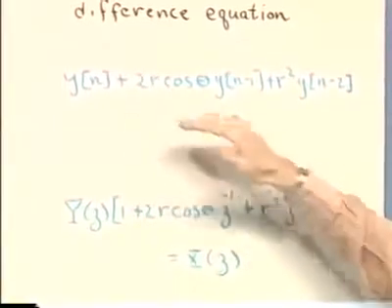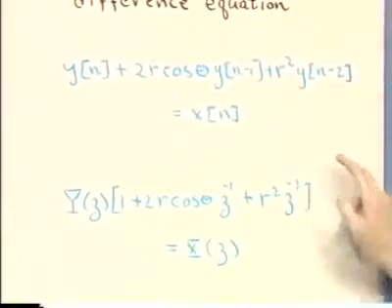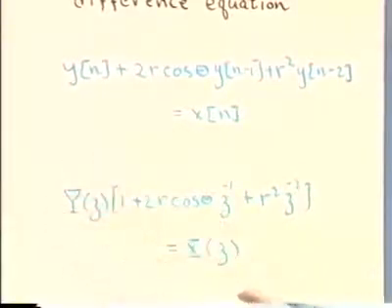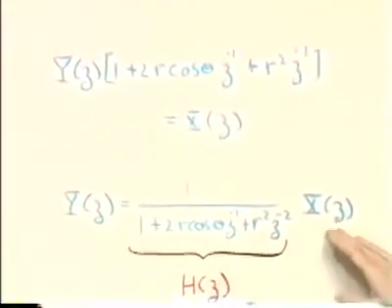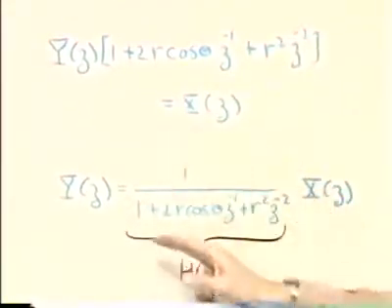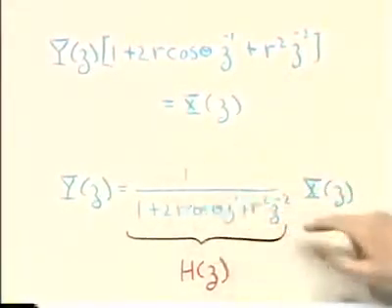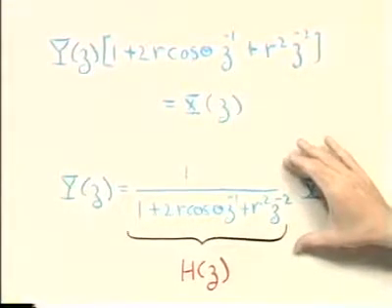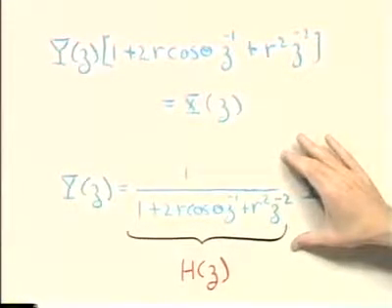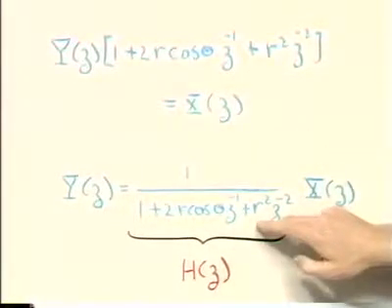When I do this, I use the linearity property and the shifting property, and I end up with this algebraic expression. If I now solve that to express y of z in terms of x of z and a function of z, then this is what I get for the system function. And so this is now a second order system function, and it will have two zeros at the origin and two poles.